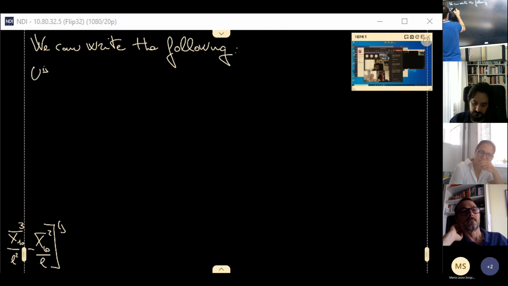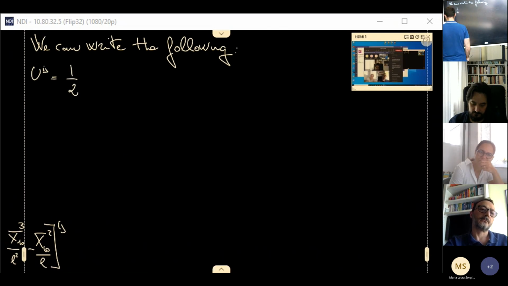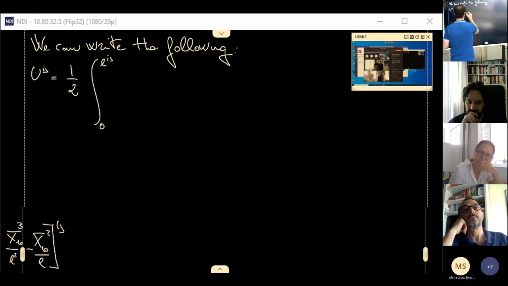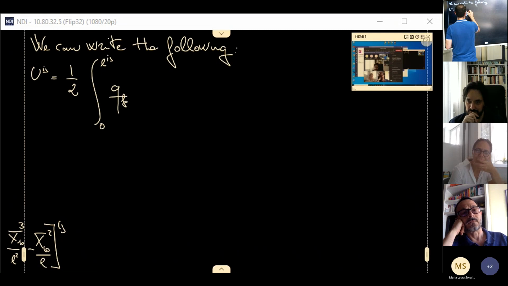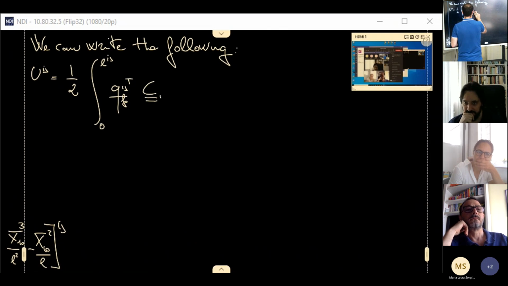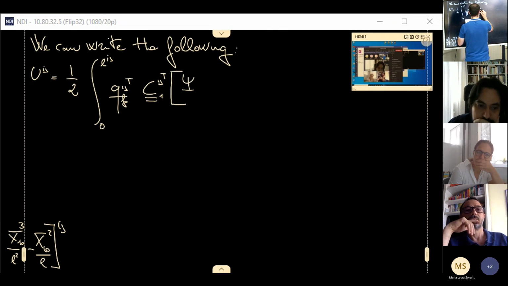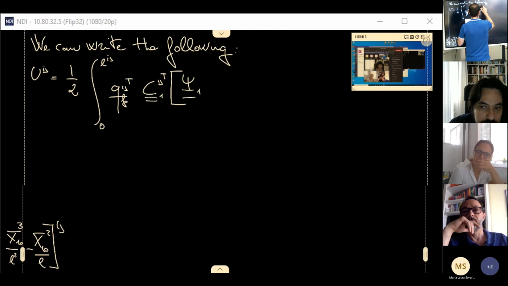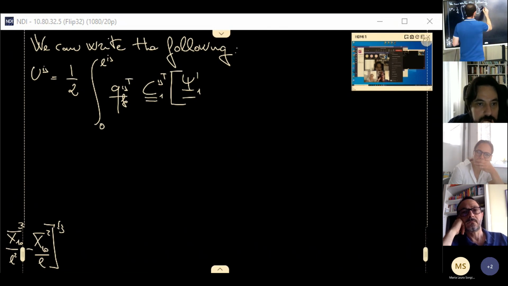Putting all together, our elastic potential is 1/2 of the integral from 0 to the length of the element j, of the body i, of qf0 ij transposed, applied over C1 ij transposed, times psi1, the vector prime, so derived one time, transposed.